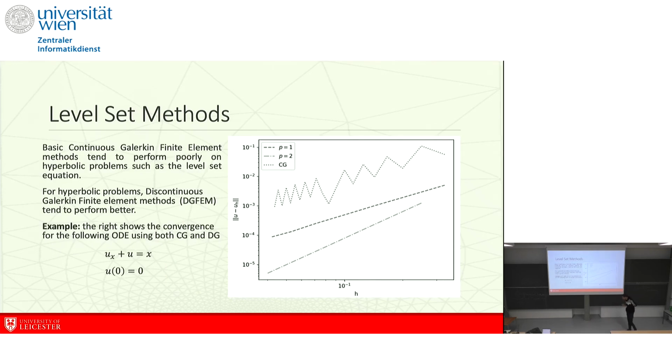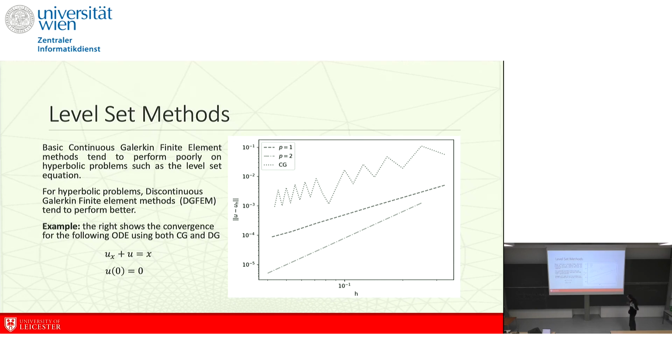But the issue is that basic continuous finite element methods tend to perform quite badly on hyperbolic problems, specifically the level set equation. On the right here, this is a very basic convergence of a continuous finite element method, and we can see that it oscillates as it attempts to converge, and will likely never converge to an acceptable solution.